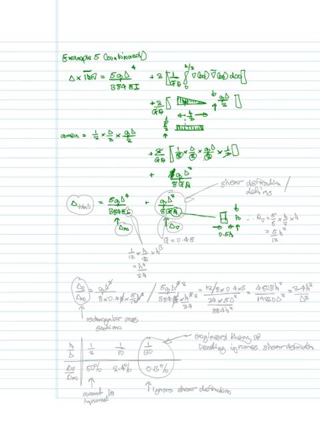So the shear area, let's put a V there, is equal to 5/6 times the breadth, which is h/2, times the depth, which is h, so that's 5/12 h squared.